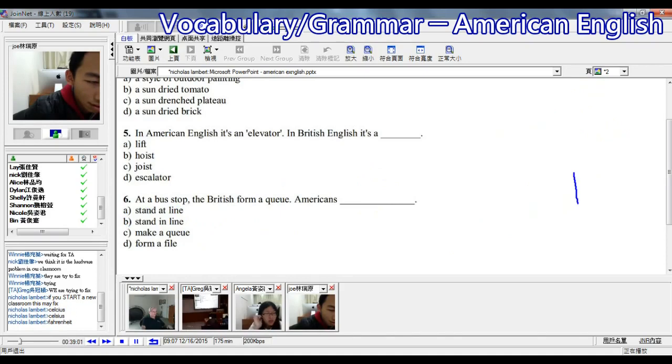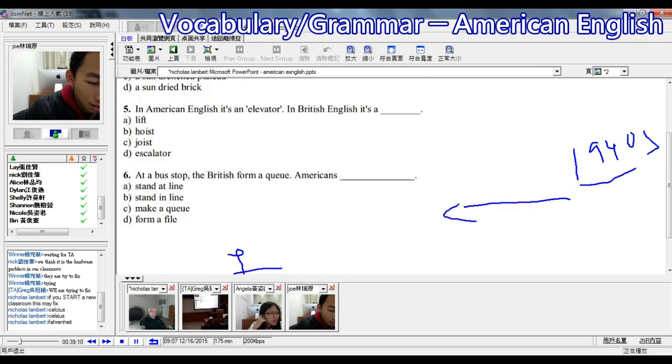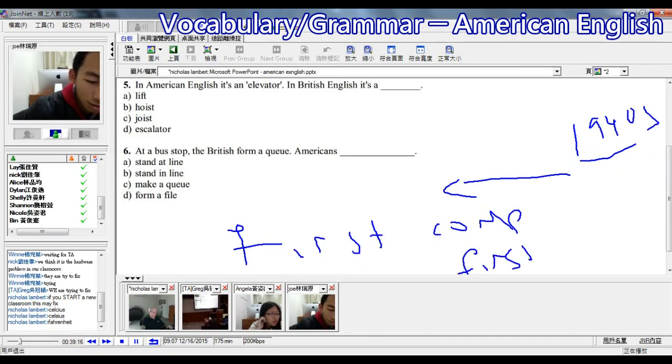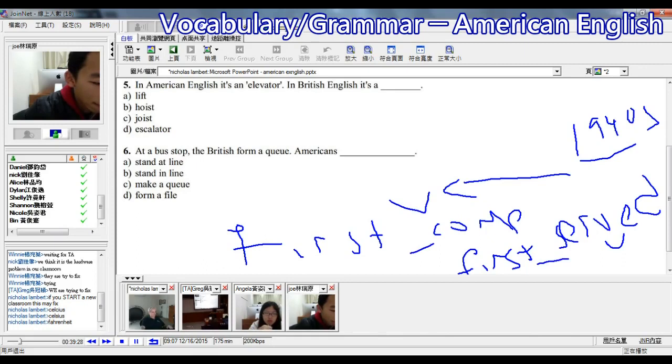And it wasn't until about the 1940s that Britons learned to queue, because before that they just ran in, and we used to say in English, first come, first served. What does that mean? First come, first served in the shop. The one who comes first may get food first. That's right.